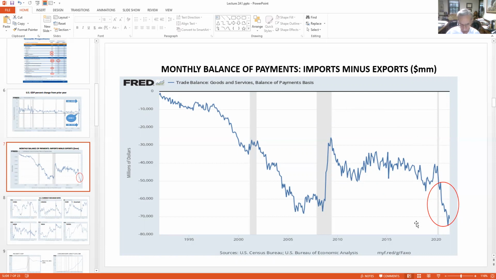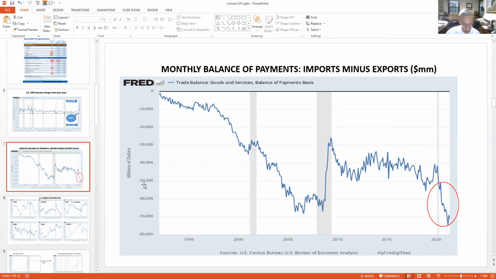So here we have the difference between exports and imports. And the US has imported a great deal more than it has exported to other countries. And that difference has been aggravated by the coronavirus.